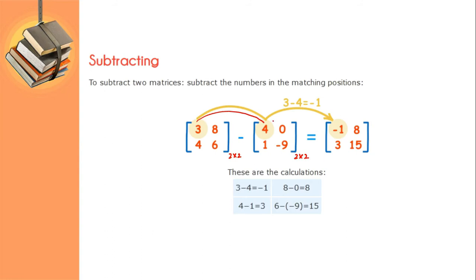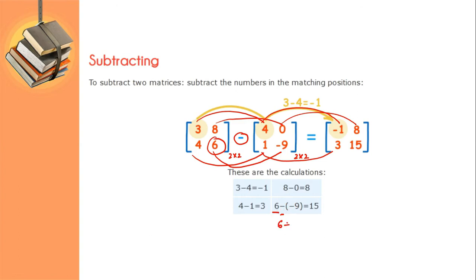3 minus 4 is equal to minus 1. Then 8 minus 0 is equal to 8, then 4 minus 1 is equal to 3, and then for 6 minus, minus minus will be plus 9, because here we have 6, then in between we have a negative sign, and then inside the bracket we have minus 9.